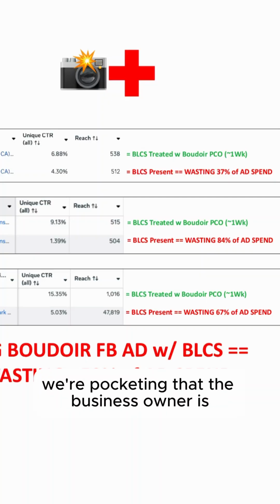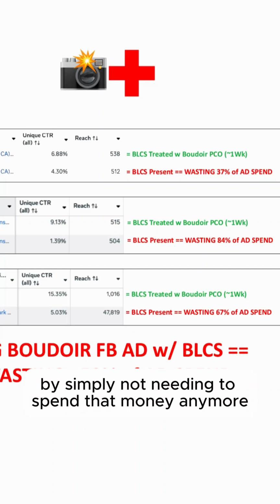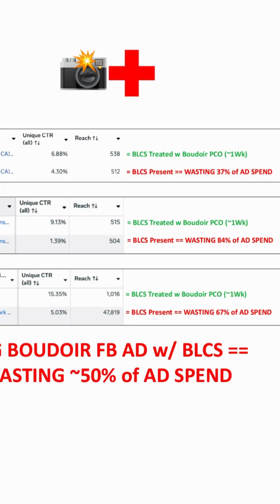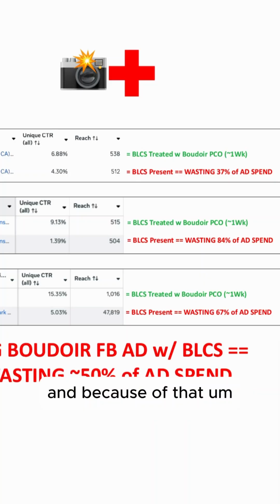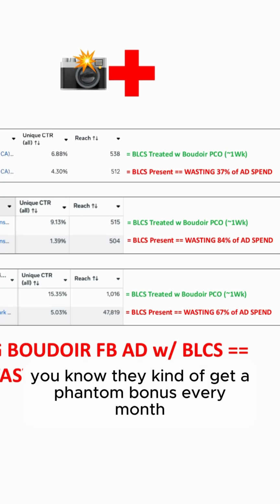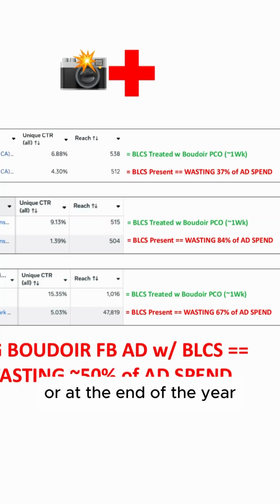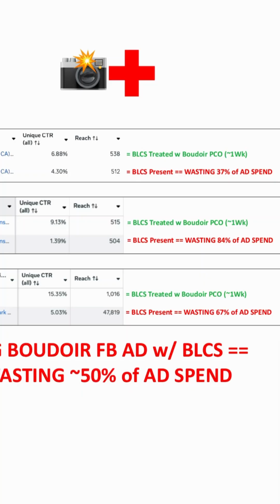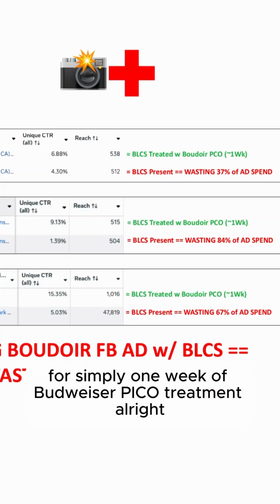The business owner no longer needs to spend that money. And because of that, they kind of get a phantom bonus every month, or at the end of 12 months, they're getting like a phantom $40,000 bonus. But it was simply 1 week of Boudoir Pico treatment.